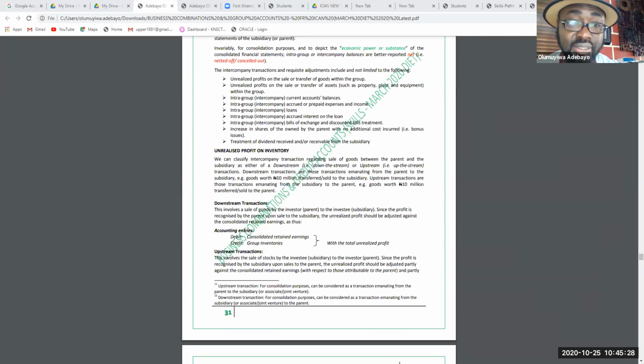Now, look at it. The parent bought goods for 10 naira. And the parent sold it to subsidiary for 12 naira.